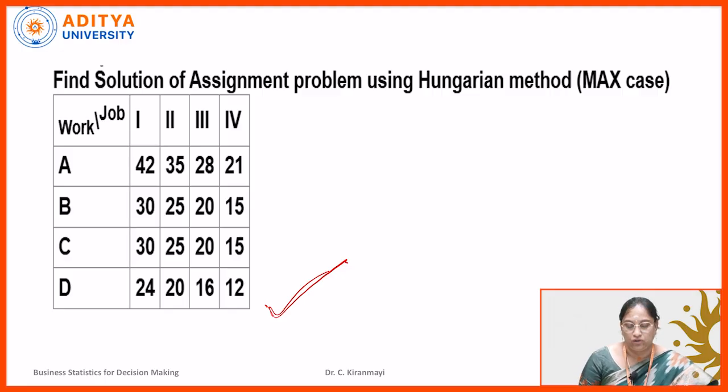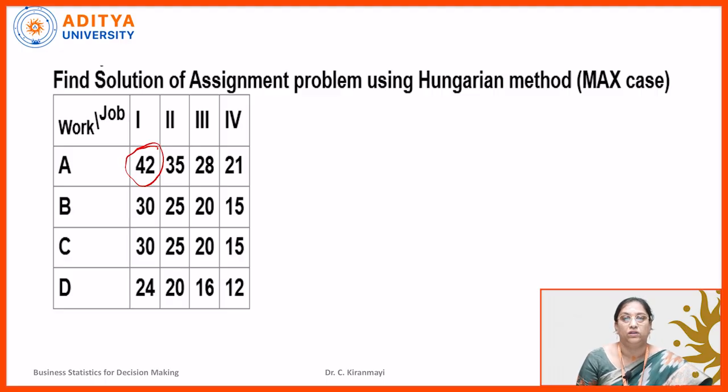So, we have to convert this given maximization problem into minimization model. How to convert? In the given assignment problem, all these are the profits earned by the organization. Identify the maximum, highest value in the given problem. 42 is the highest value.